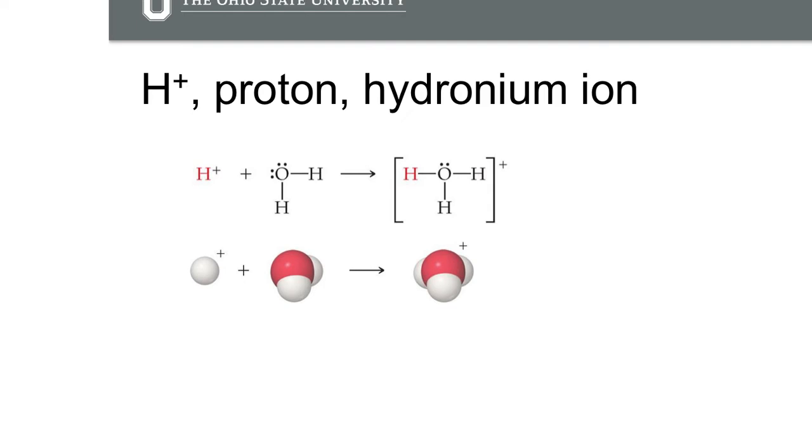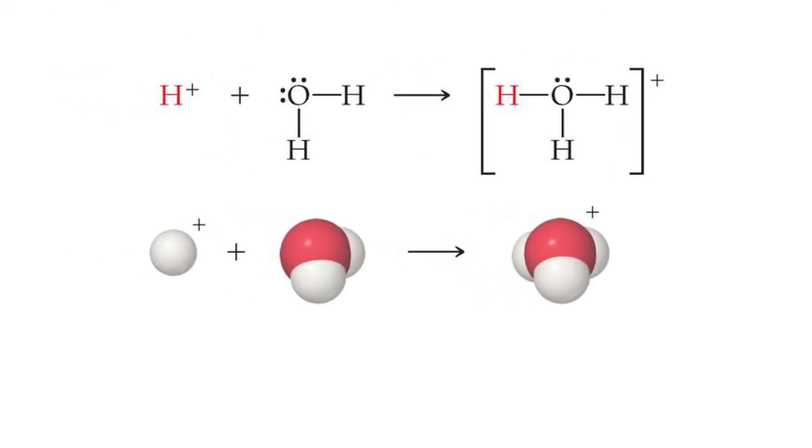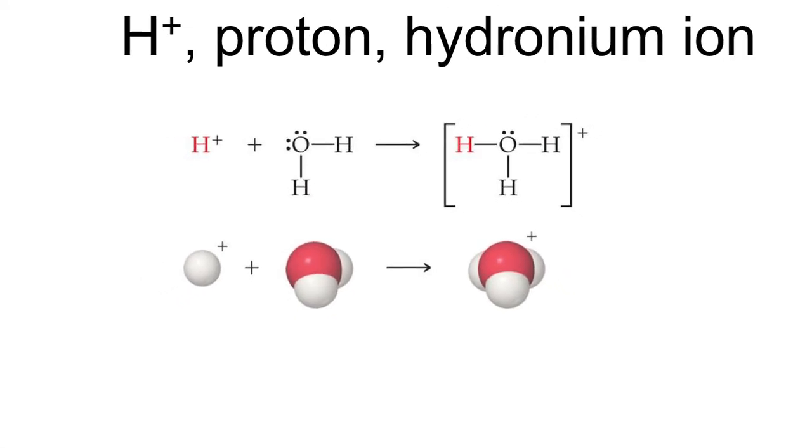Here, I wanted to just show H+, proton, hydronium ion. I essentially use these interchangeably, although please recognize that the structure of proton and hydronium ion are very different. So our hydronium ion is H3O+.